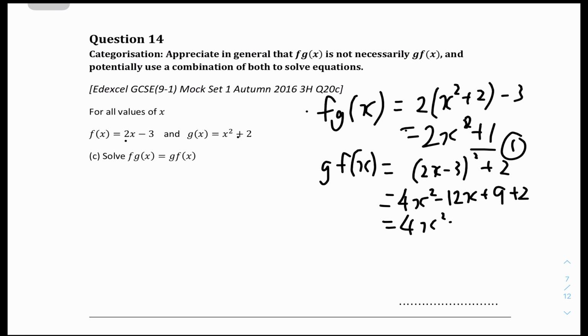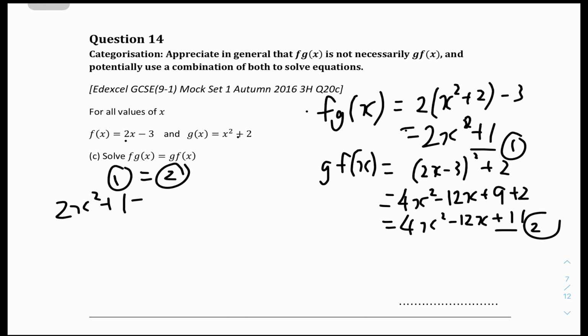Now you equate both functions together, which is 2x squared plus 1 equals 4x squared minus 12x plus 11, which gets us 2x squared minus 12x plus 10 equals 0.